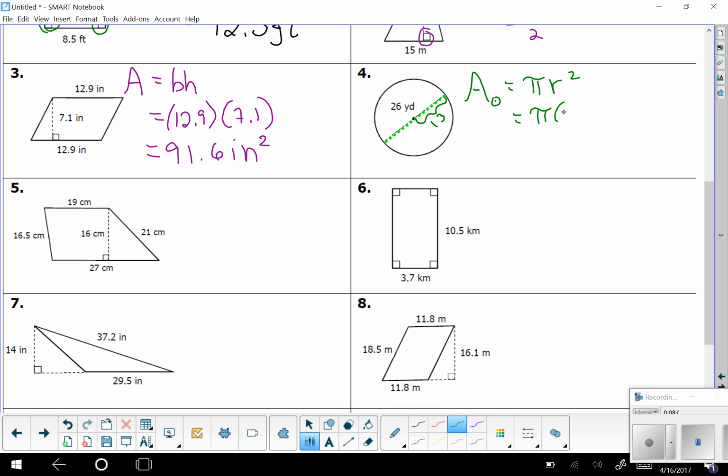So pi times 13 squared. We're going to do two answers here. We're going to leave it in pi form and we're going to leave it in decimal form. So 13 squared is 169 pi yards squared. And if we multiply that out, we would get 530.9 yards squared.